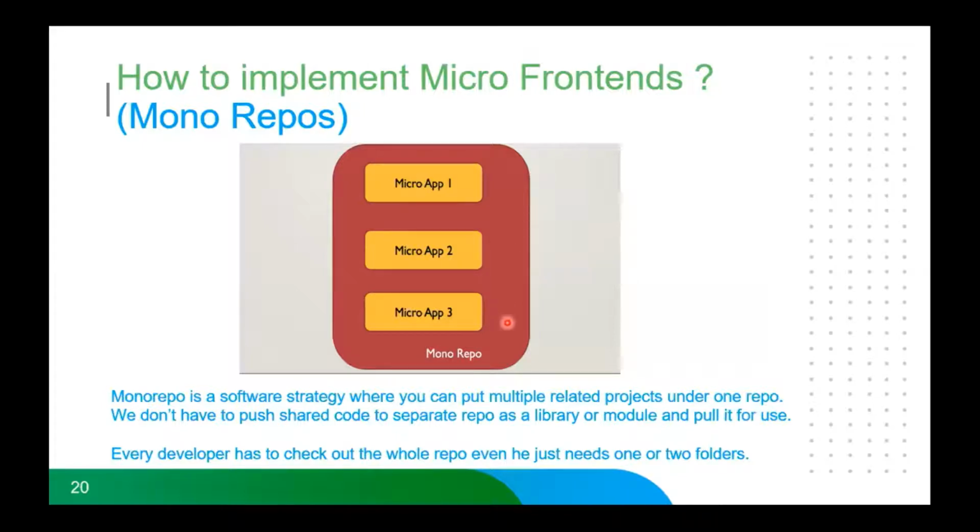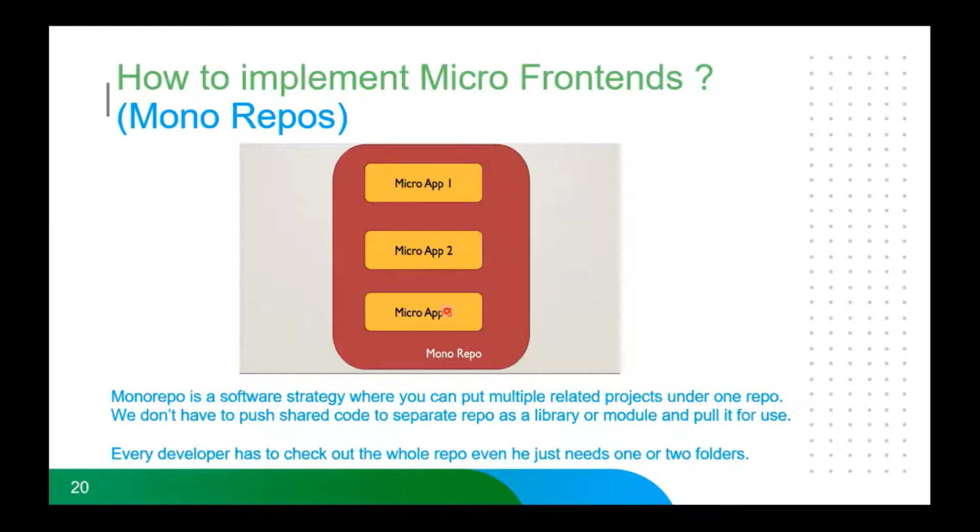Mono. That's a way where all of our related projects are under one repository, say micro app 1, 2, and 3. In this case, we don't have to focus on the shared code part.